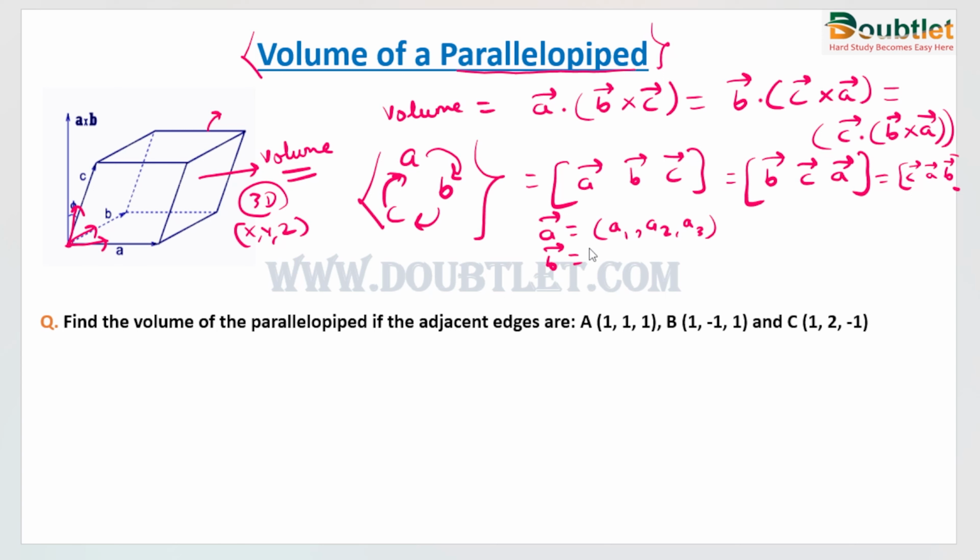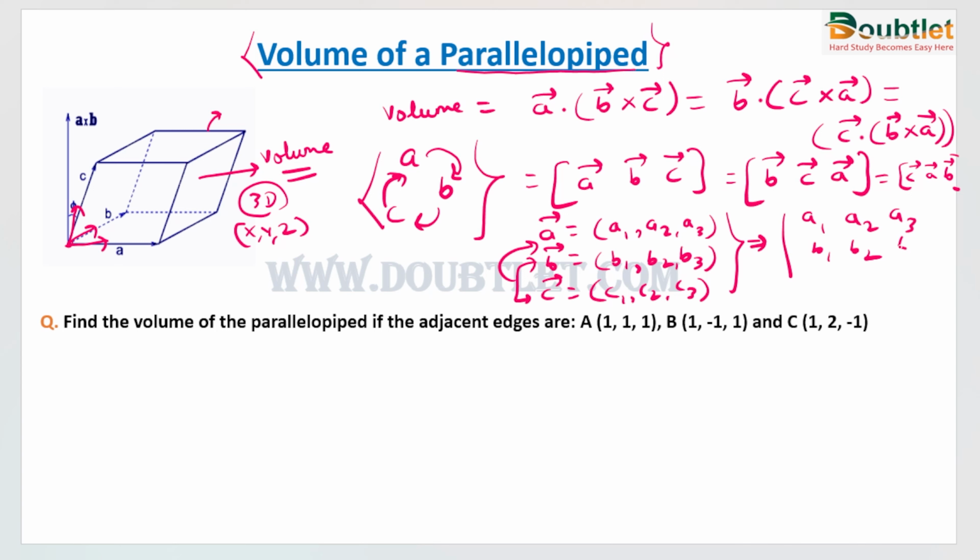So one method is, first of all, you find the cross product of B and C and then we will obtain a vector. Then we have to perform the dot product of the vector obtained by B cross C with the A vector. So this is the first method. But if you want to calculate it directly, then you have to find the box product, meaning the determinant.